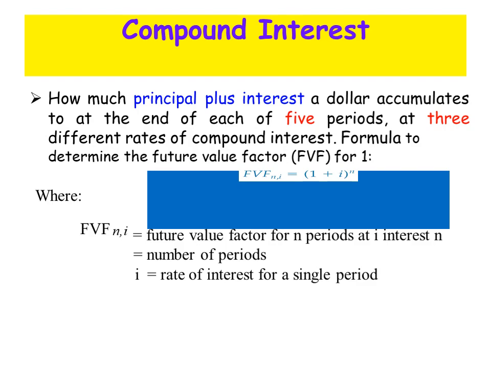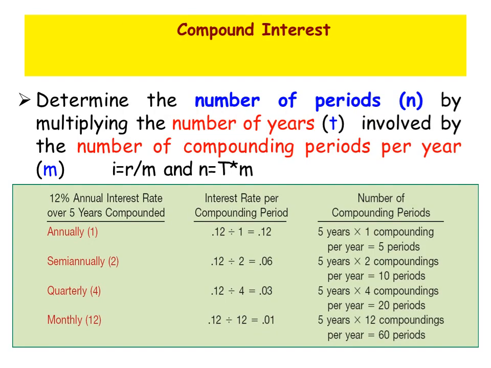Now let us go again. Determine the number of periods n by multiplying the number of years by m, the number of compounding periods, or frequency of payments.